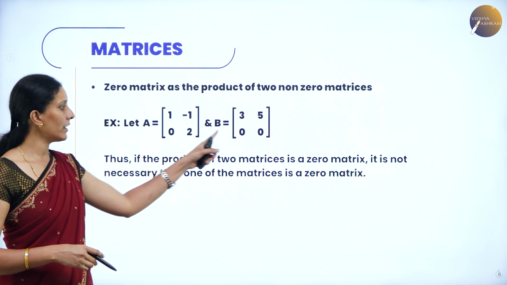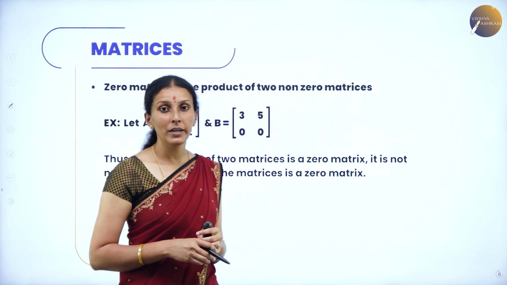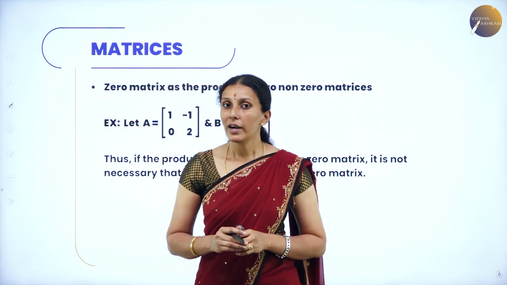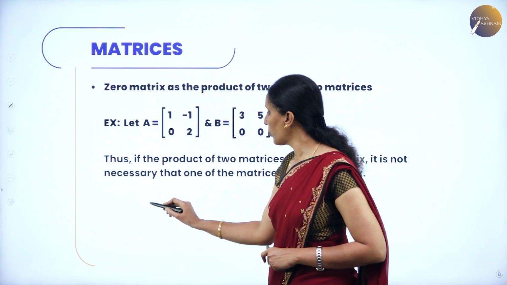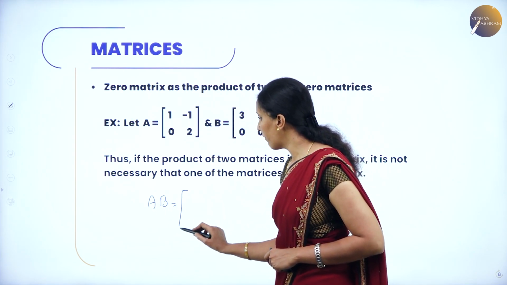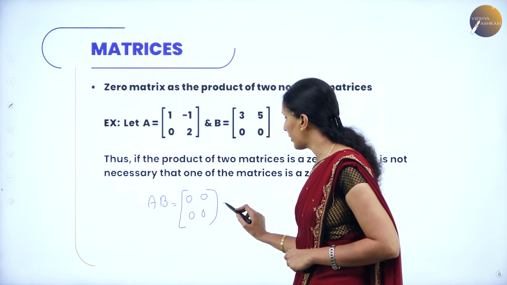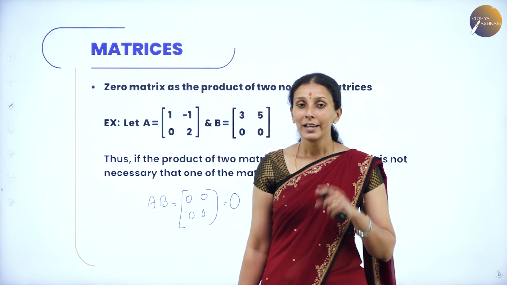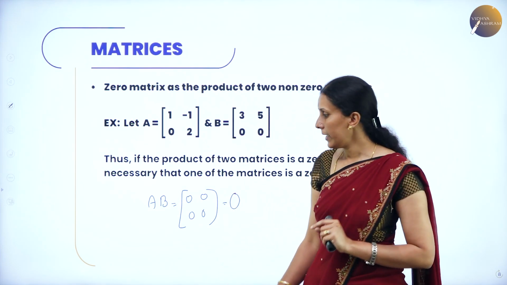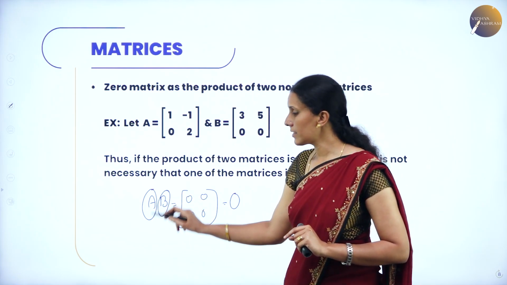Next point, zero matrix as the product of two non-zero matrices. So here I have taken two examples of non-zero matrices. Zero matrices are nothing but null matrices. So what does it state? Whenever you have two matrices A and B, and when you multiply them, if the product is equal to the null matrix O, then it need not be that A is a zero matrix or B is a zero matrix.